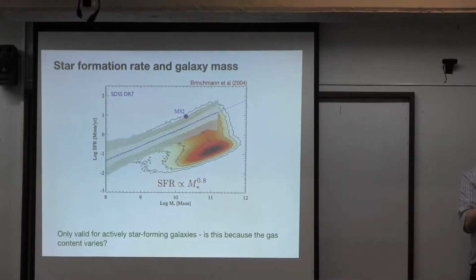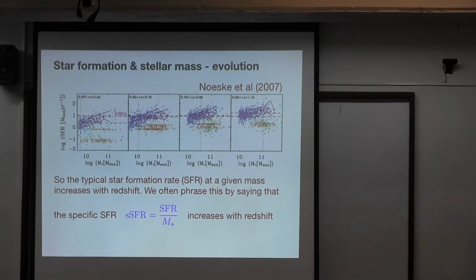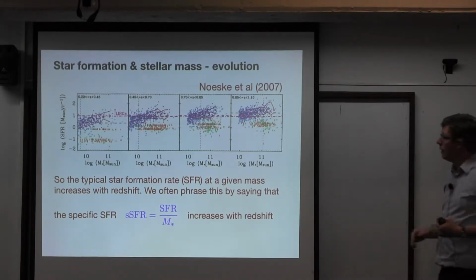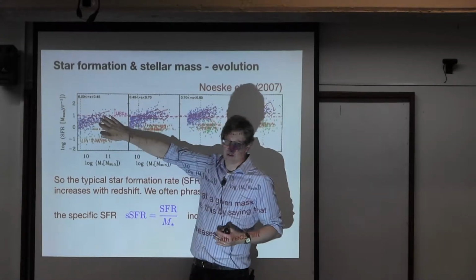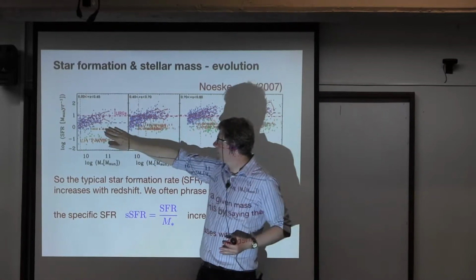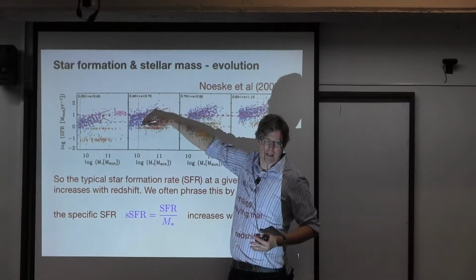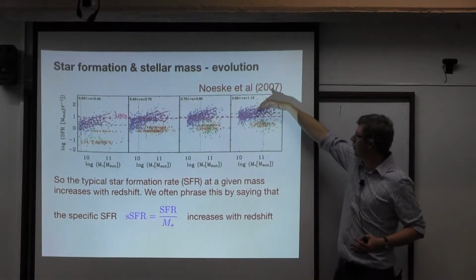And another thing that's crucial, which is essential for us here in the course, is that if you look at the same relationship, but you now go back in time, it doesn't stay the same in normalization. So here is the present-day universe, more or less. Here, a bit further back in time. Here, a bit further back in time, and even further back in time.